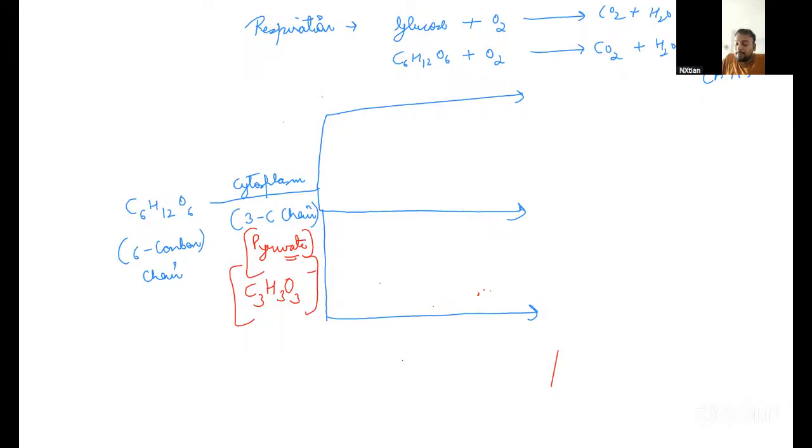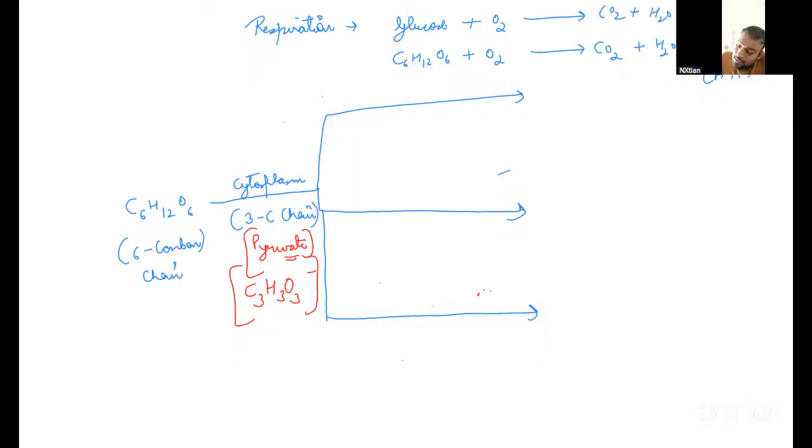Okay, so basically, the pyruvate will go in 3 paths. First is called aerobic respiration. Aerobic respiration means the pyruvate will break down in the presence of oxygen. So aerobic respiration is respiration in which the glucose is broken down in the presence of oxygen.